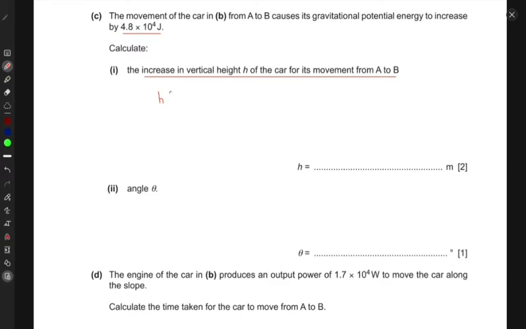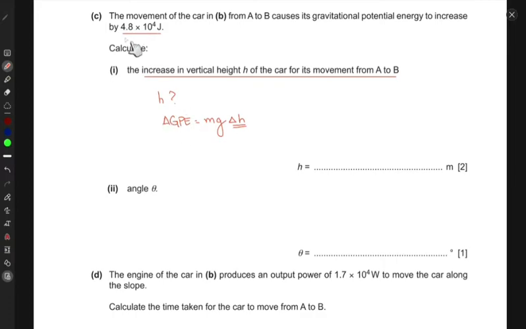We know that the change in gravitational potential energy, I'll just call it GPE, is given as mg times the change in height. This change in height is what I want to compute.